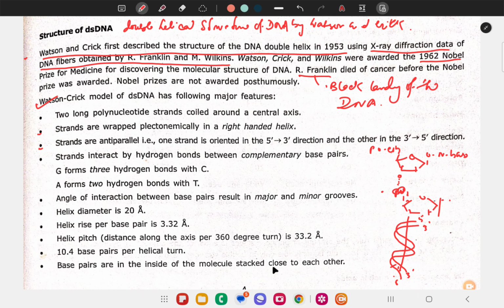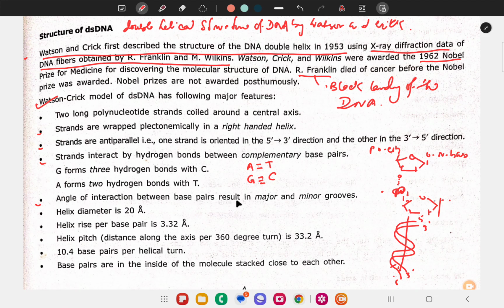Why antiparallel? Because it increases their stability. Number 4, strands interact by hydrogen bonds between complementary base pairs: adenine always combines with thymine by 2 hydrogen bonds, and guanine always combines with cytosine by 3 hydrogen bonds.